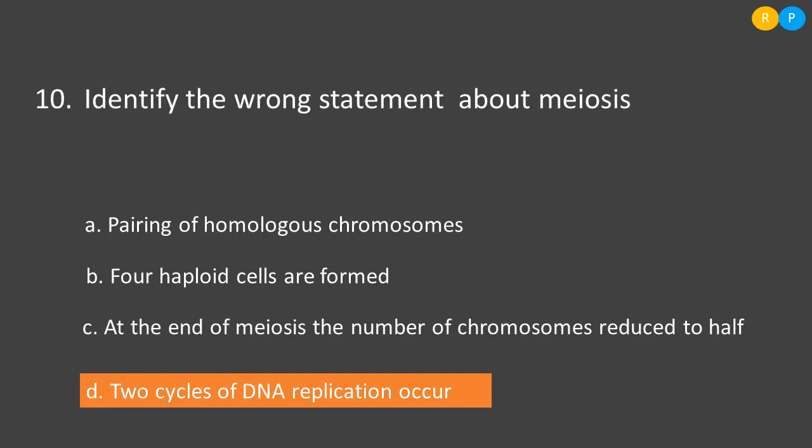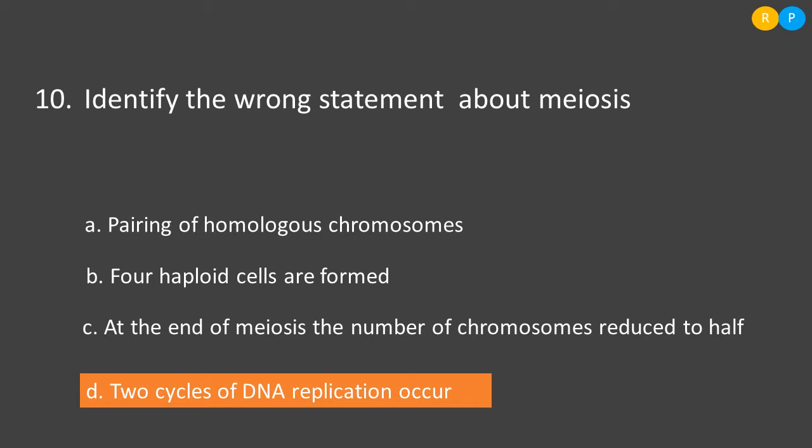Then option C, at the end of meiosis, the number of chromosomes is reduced to half. Clear. This is also a right statement, because if a parent cell has 8 chromosomes, the daughter cells formed from that parent will carry 4 chromosomes, since the number of chromosomes gets reduced in the daughter cells. So option C is also right. Then option D, 2 cycles of DNA replication occur.